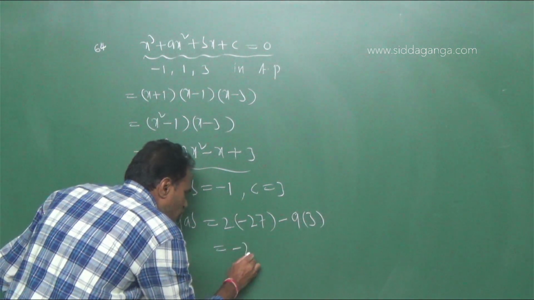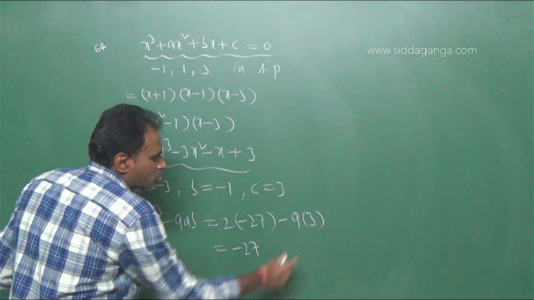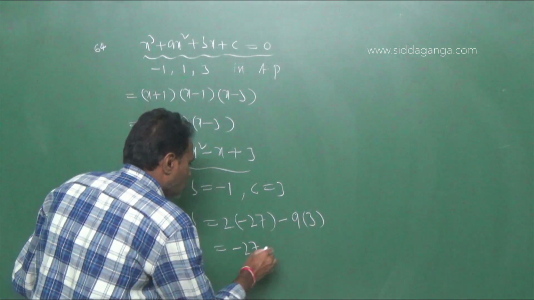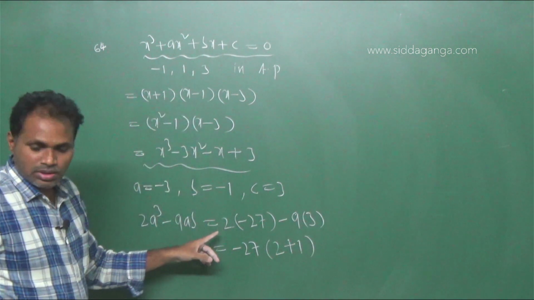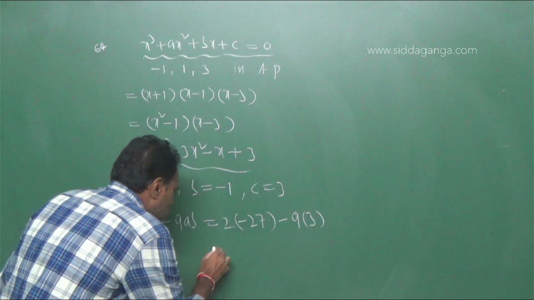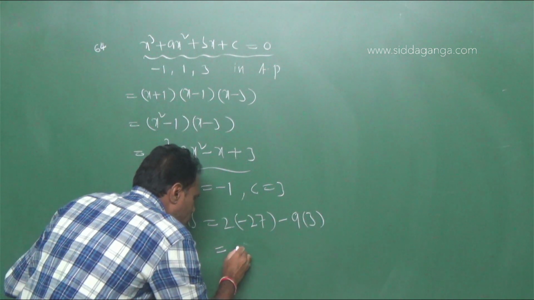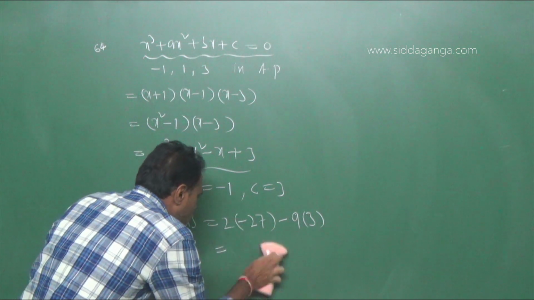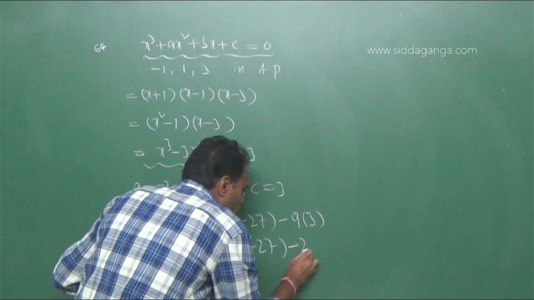That is minus 27, take common. Here minus 27, here also minus 27. If you take minus 27 common, that is 2, and here plus 1. Or else write like this: 2 into minus 27, and here minus 27.